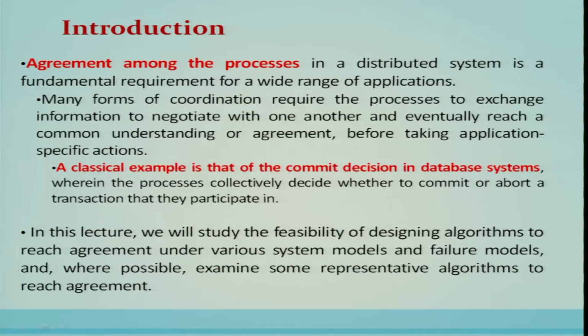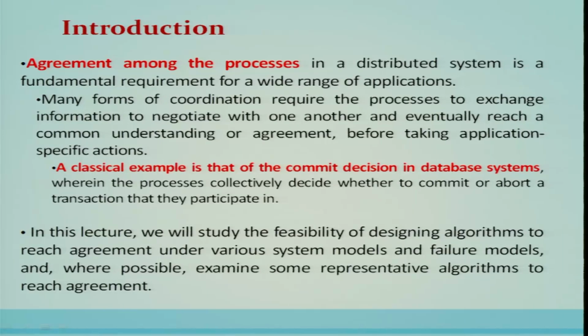Introduction. Agreement among the processes in a distributed system is a fundamental requirement for a wide range of applications. Many forms of coordination require the processes to exchange information, to negotiate with one another, and eventually reach a common understanding or an agreement before taking application specific actions.